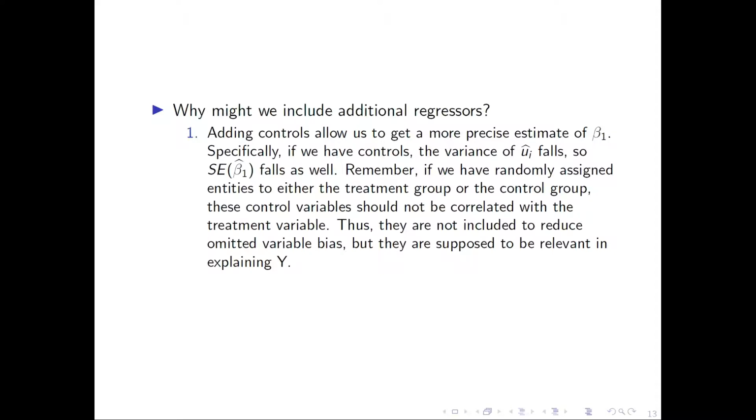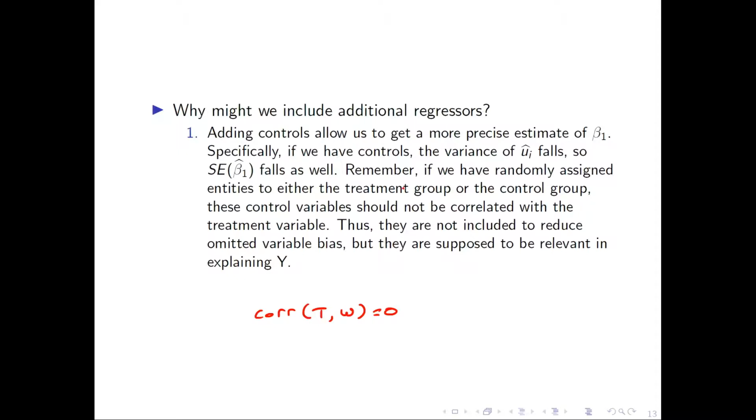One reason why we would include such control variables is that even if they are not correlated with the treatment group, so the correlation between the treatment variable and the control variable should be 0, because we have chosen the treatment randomly.